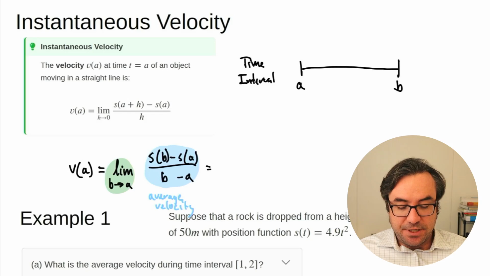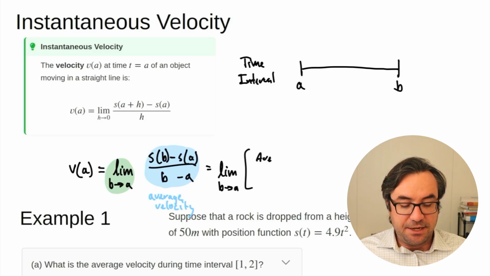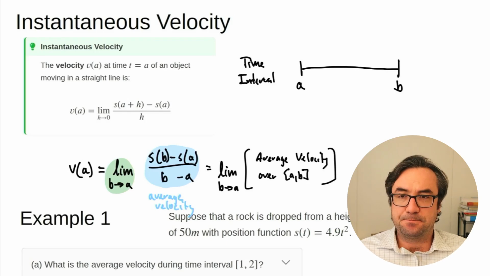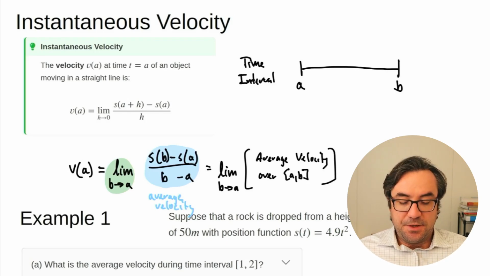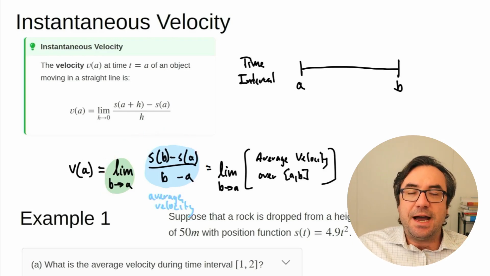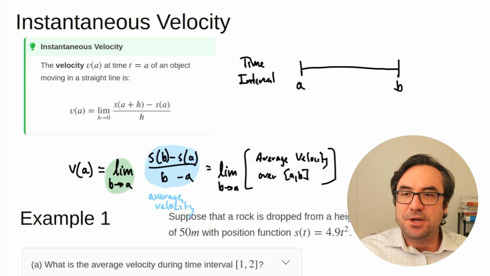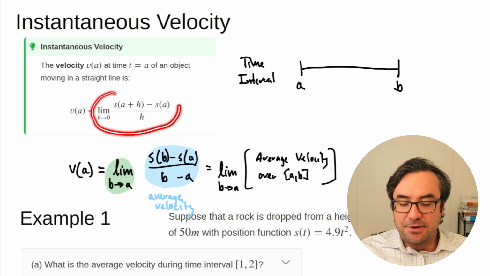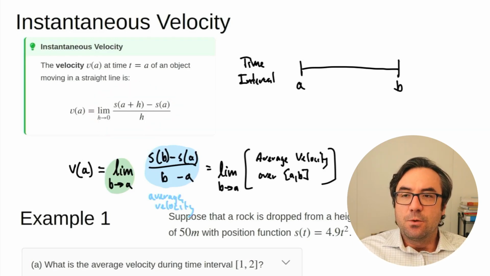And so essentially this is the limit as b approaches a of our average velocity over that time interval from a to b. That's really what we're doing here. Now, this version is perfectly fine, but to really illustrate what's going on and to make some of the calculations a little bit easier, we're going to do a change of variables here.